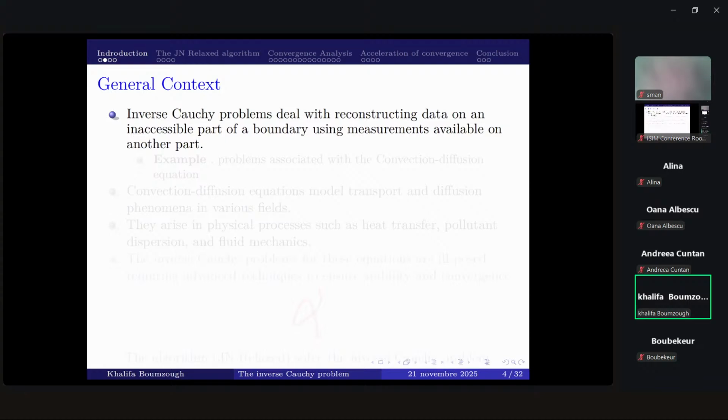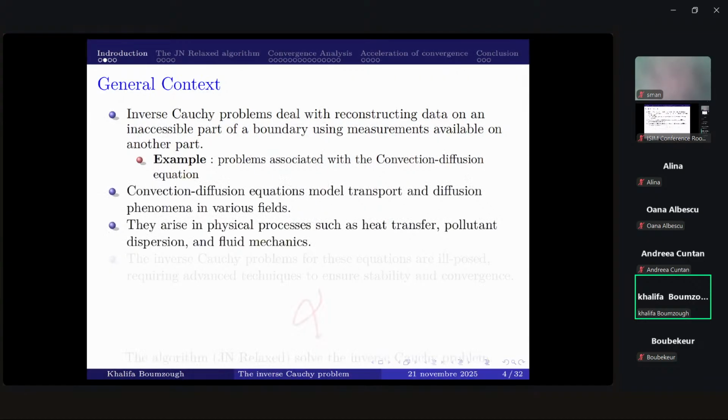Inverse Cauchy problems arise in many contexts where boundary measurements are incomplete. Typically, part of the boundary is inaccessible, but we want to recover the missing information there. For example, problems associated with the convection diffusion equation. These equations model transfer and diffusion phenomena in various fields.